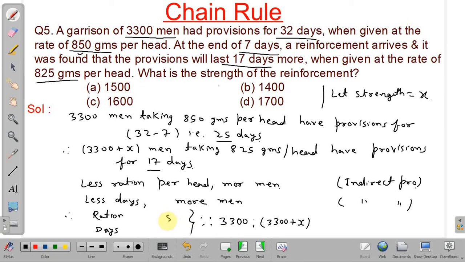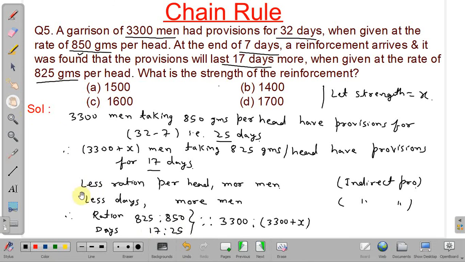So 850 will be here, and 825 grams when number of men is 3300 plus x. Number of days when number of men is 3300 is 25, and second case it is only 17.